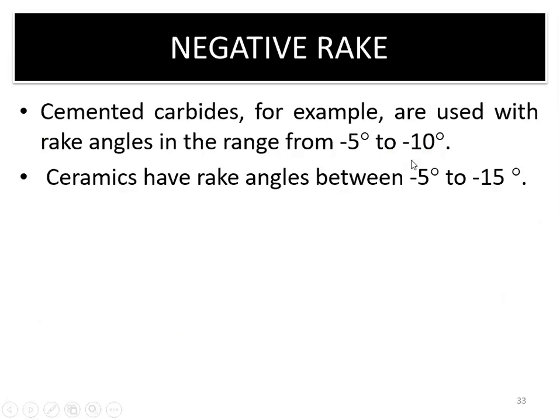Negative rake angle ranges from -5 to -10 degrees for cemented carbide tools and from -5 to -15 degrees for ceramic tools. Ceramics and carbides are brittle, hard, and therefore they are made with negative rake angle. The value of negative rake angle varies depending upon the material you are going to machine.